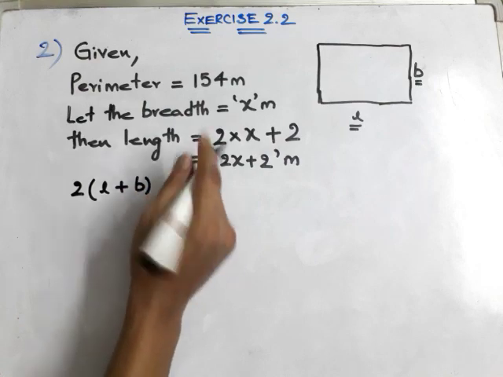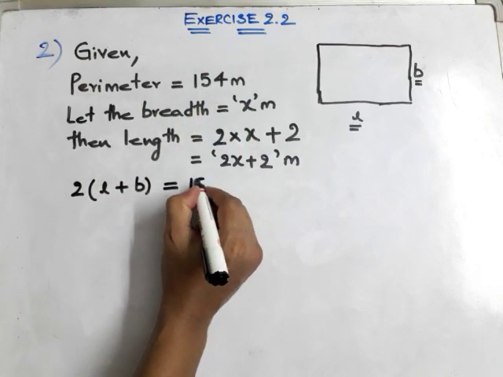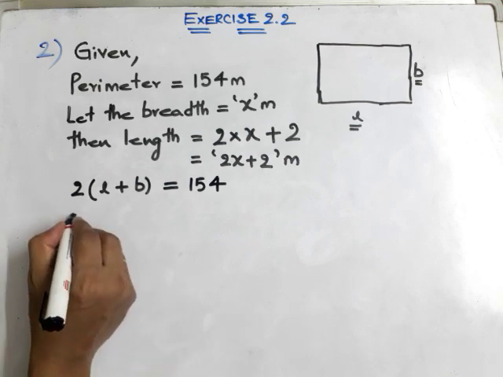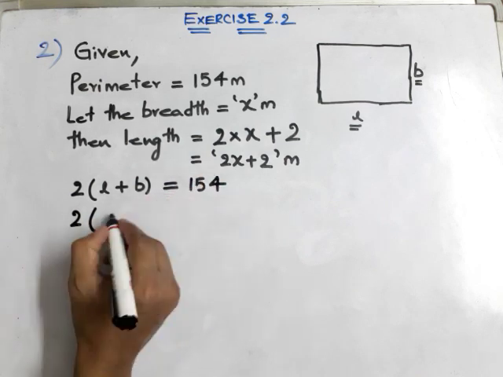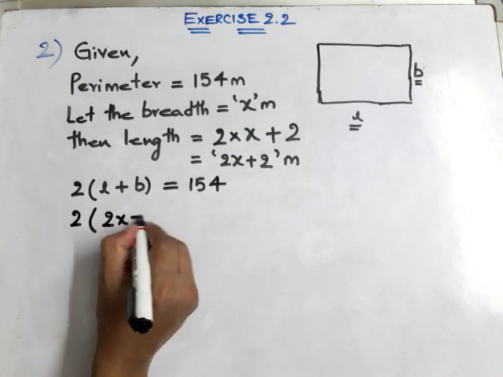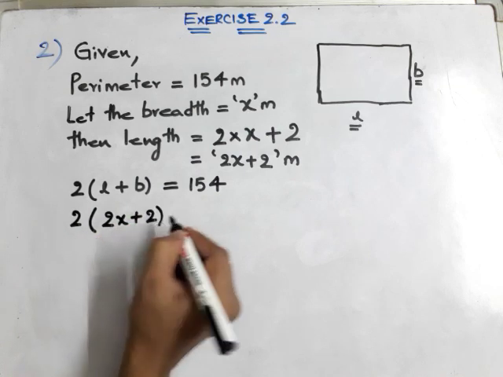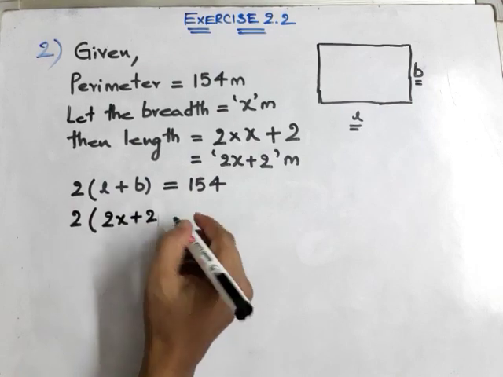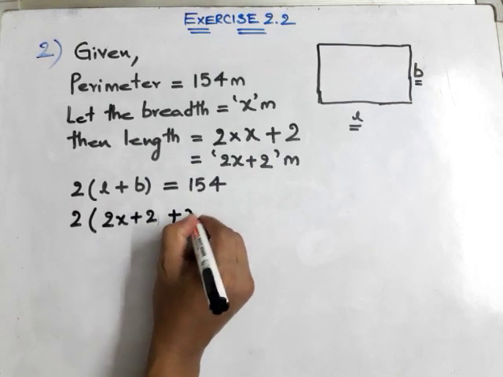For that, what is the value? It was given as 154 meters. Hope you are following. 2 into the value of length we have now, which is 2x plus 2, and the value of breadth we have is x.